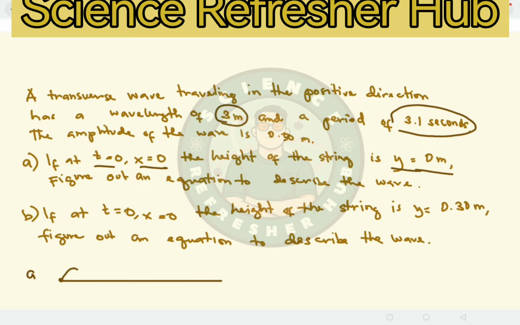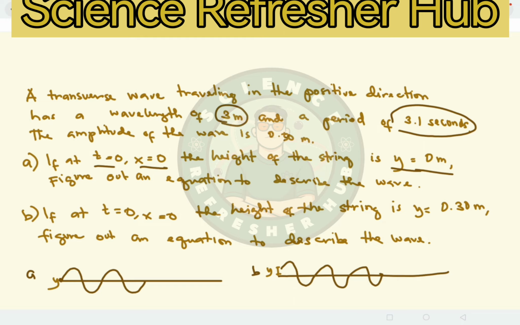Now for B, time is 0, position is 0, and our y is 0.30 meters. It's not along the equilibrium, it's above it. This is our y here from 0. So let's figure out the equation and describe the wave.